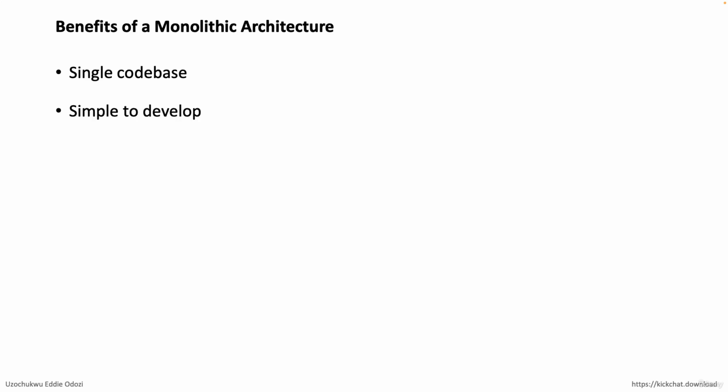And then it's simple to develop. If you are starting a project, maybe a very simple project, you would want to start with the monolithic architecture, and it's usually simple to develop. But as it becomes complex or increases in size, then the complexity also increases. We'll talk about that in the next slide.